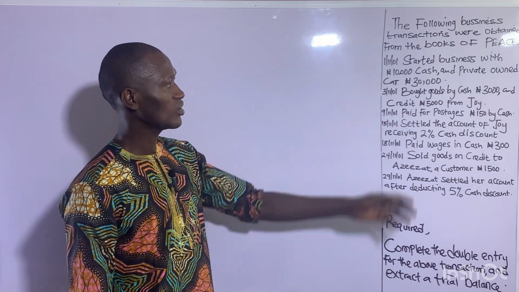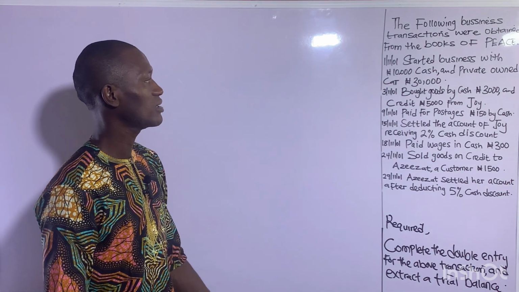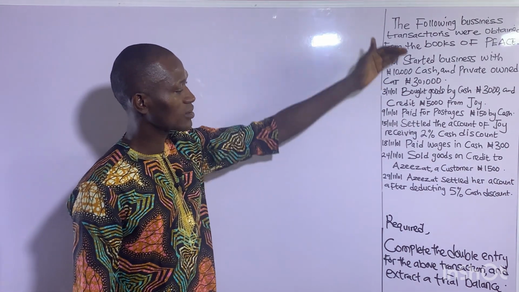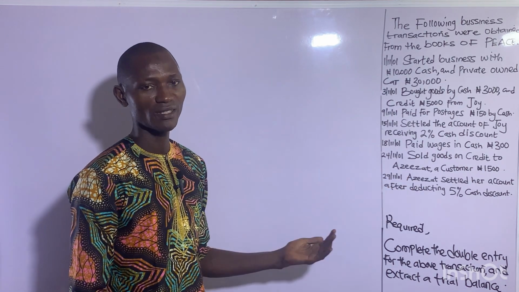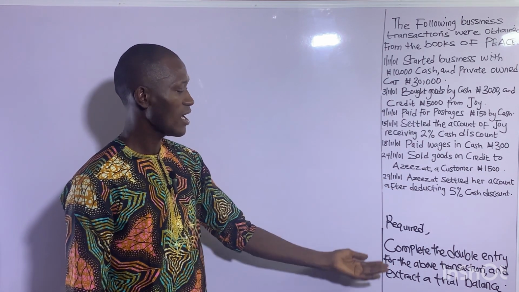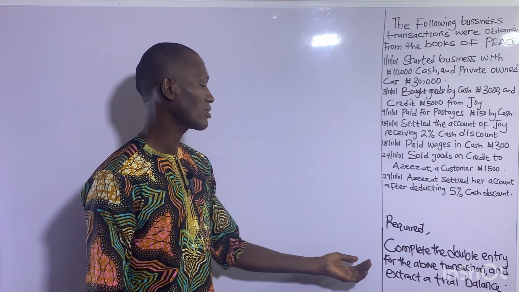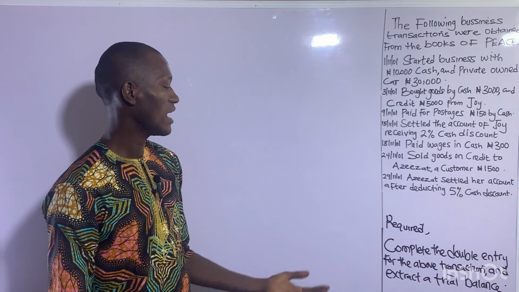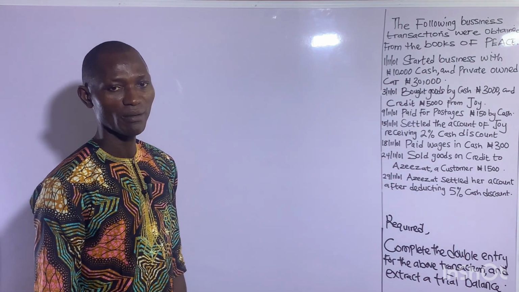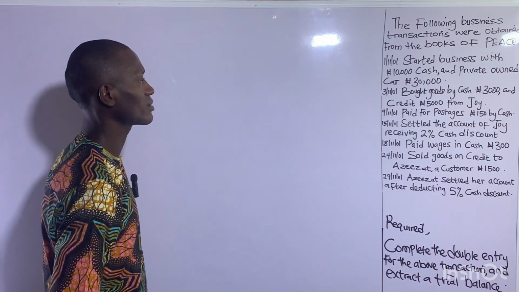The following business transactions were obtained from the books of Peace. These transactions were entered into by Peace business or enterprise. What we're asked to do basically is to complete the double entry for the above transactions and extract a trial balance. So let's start.